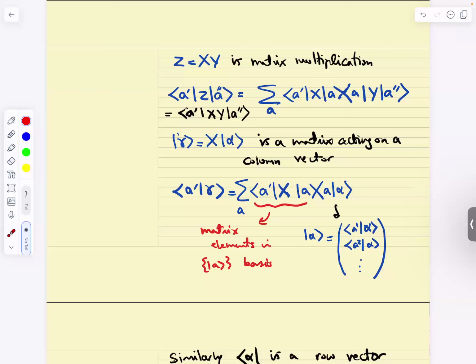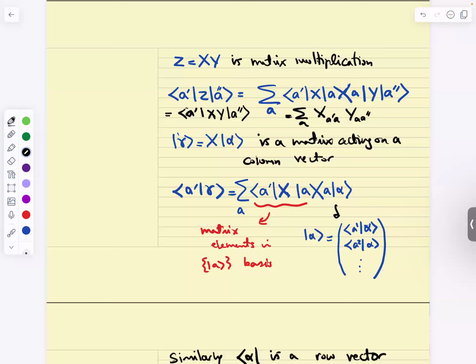What is this, by the way? Can anyone see what this is? This is a particular matrix element. This is the row. This is the column. This is another matrix element. This is the row. This is the column. And you're multiplying the column of this with the row of this and summing over them. Does anyone know what this is? Let me write it in a more suggestive way. Maybe you could tell.